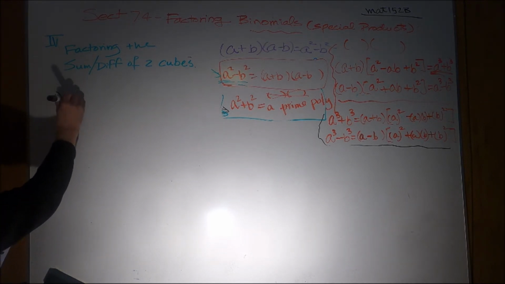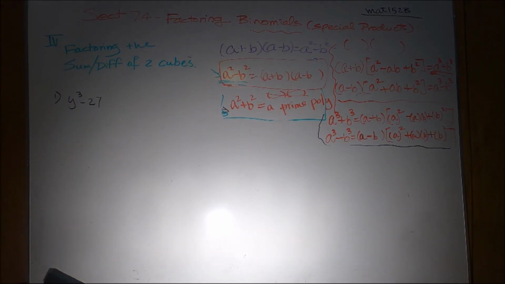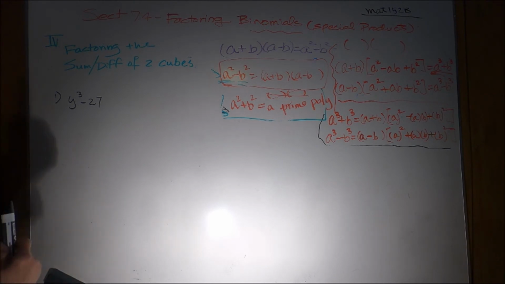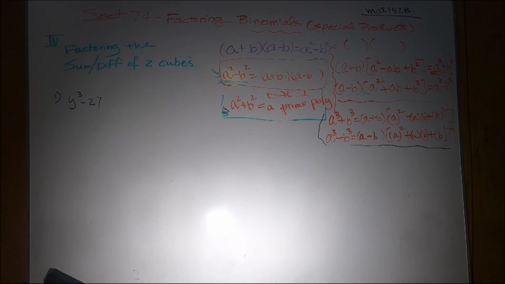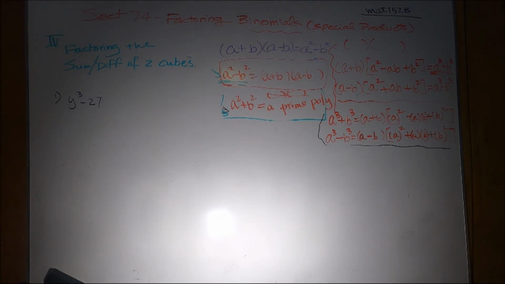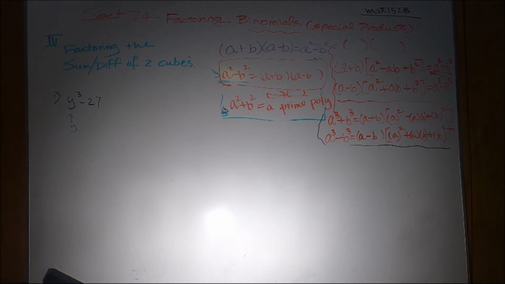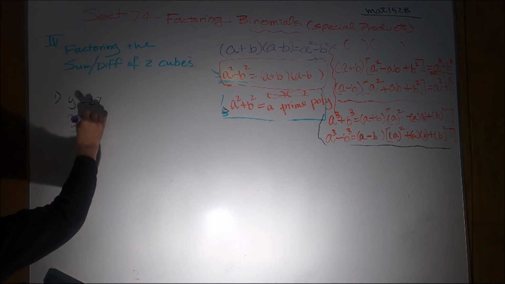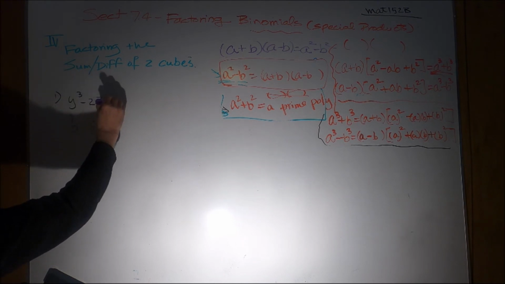First one, y cubed minus 27. Do I have 2 perfect cubes? Yes, it's a difference between them, right? So this one is what? The y, take cube. This one is what? 3, take cube. So the formula is telling you what do you do?